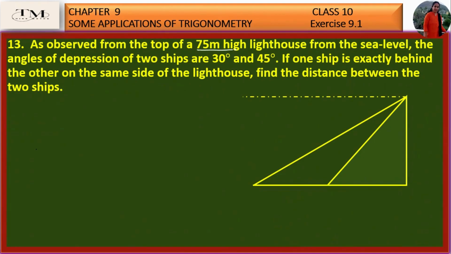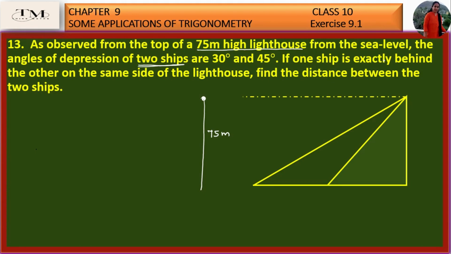So here it is a 75-meter high lighthouse. The lighthouse will be the vertical line. As observed from the top of a 75-meter lighthouse, the angles of depression of two ships. So there are two ships. How are the two ships positioned?